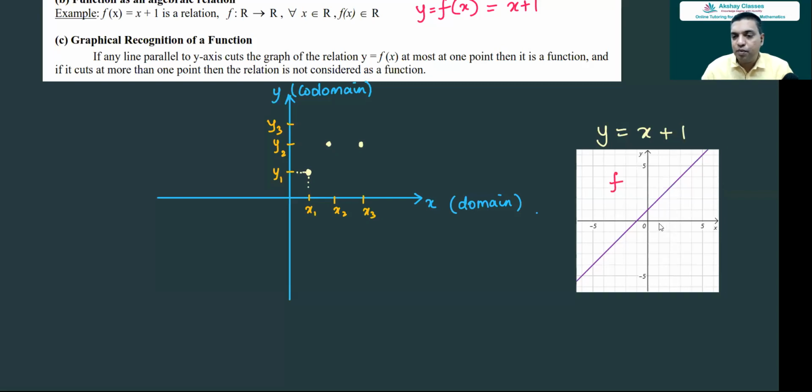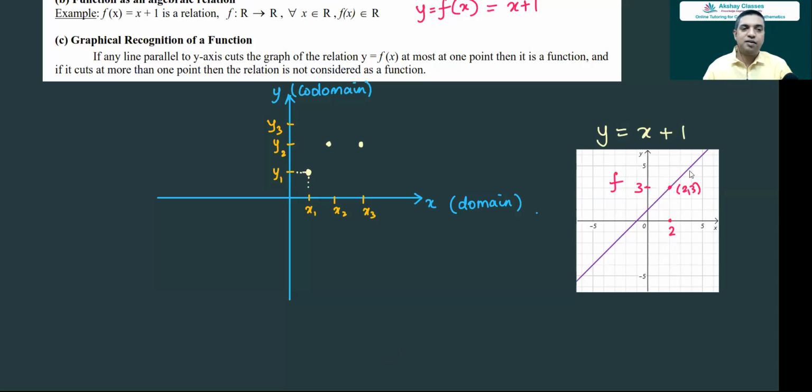So at any point, say at x equal to 2, the value of y is 3. Now at 1.5, it will be 2.5. And at 2.99, the function value will be 3.99. So it is the set of all values of x, y which satisfy this particular equation.